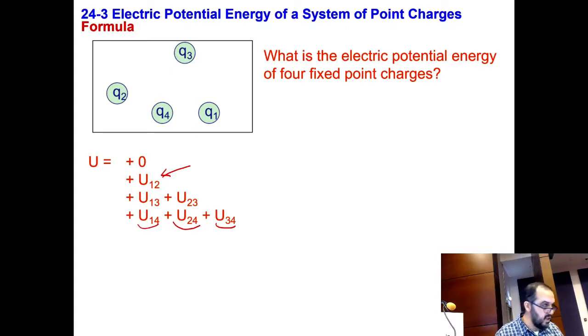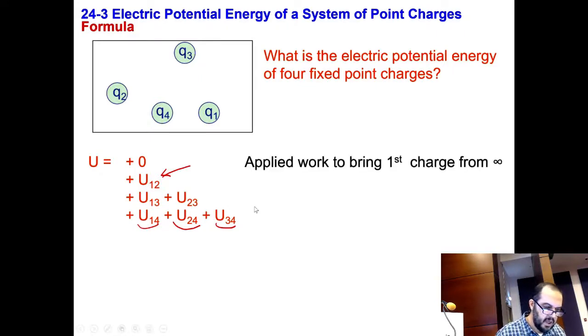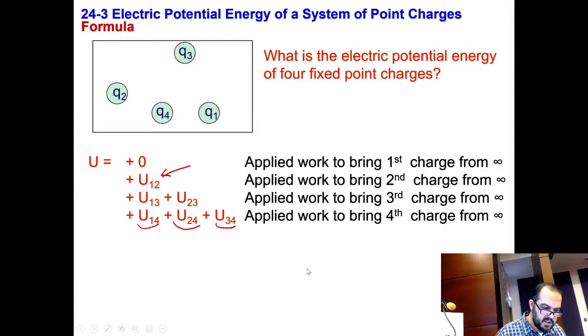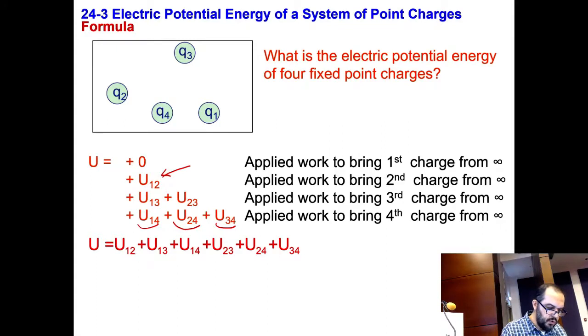You add all of these, and you get the total potential energy of this system of 4 charges. These are the applied works, and if you add them, this is what you obtain: U12 plus U13 plus U14 plus U23 plus U24 plus U34.